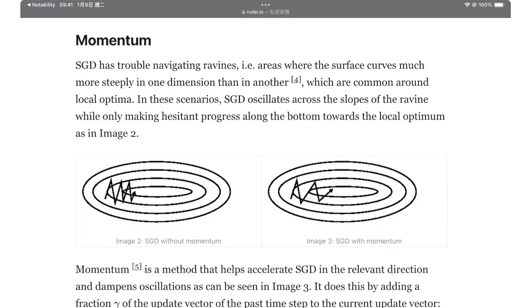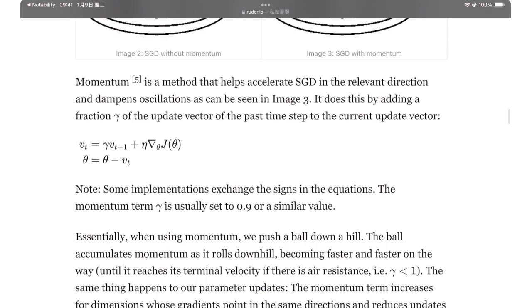Okay, so that makes the entire gradient descent become faster if you encounter such kind of situation that on certain axis you always go to the same direction. So that's called momentum.